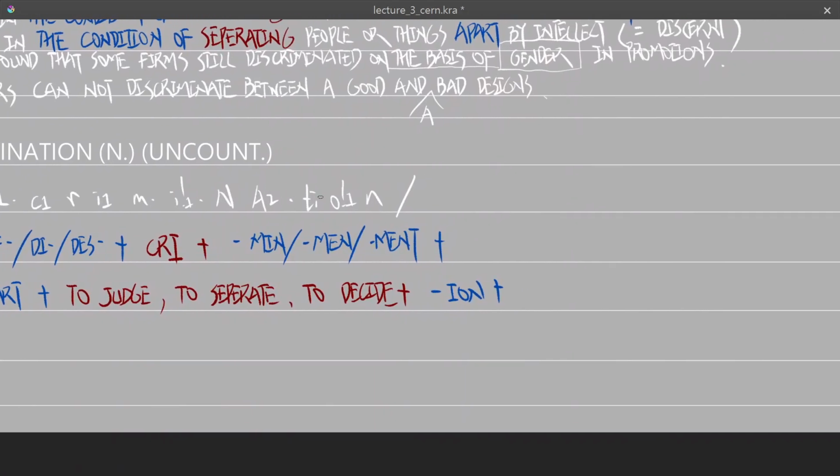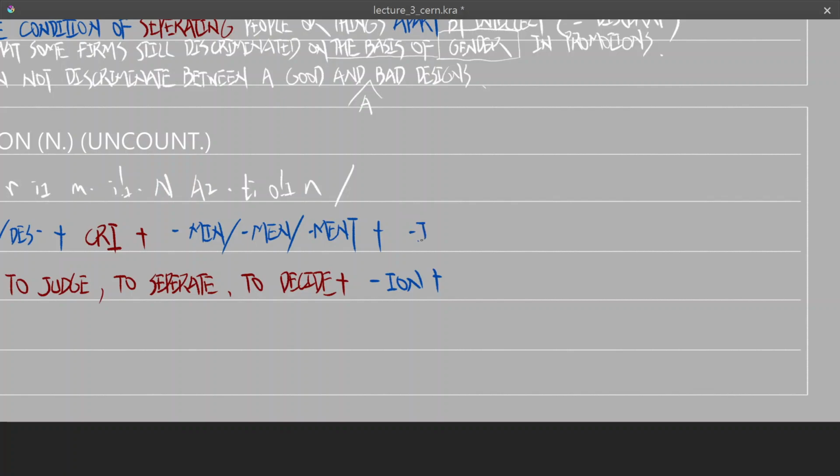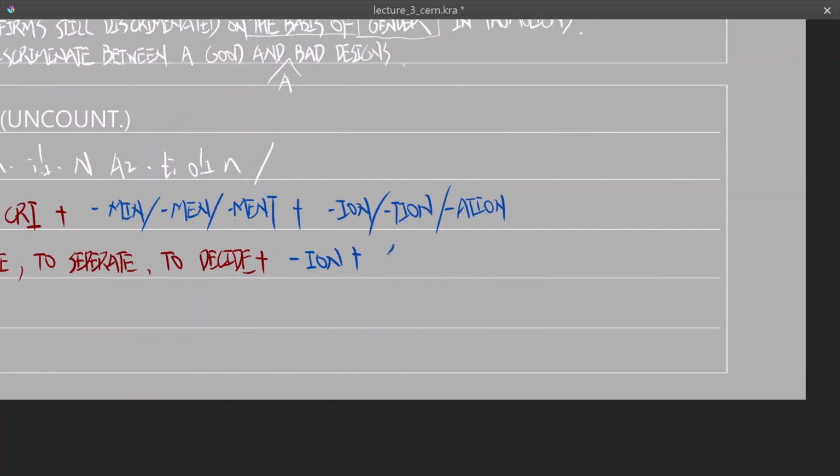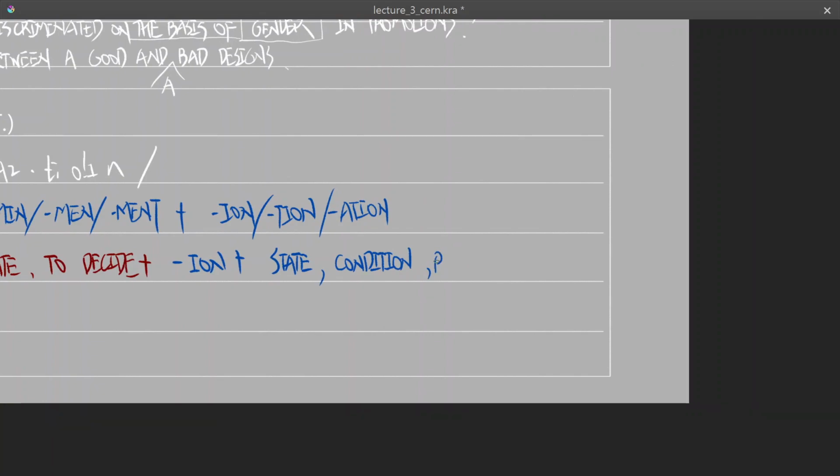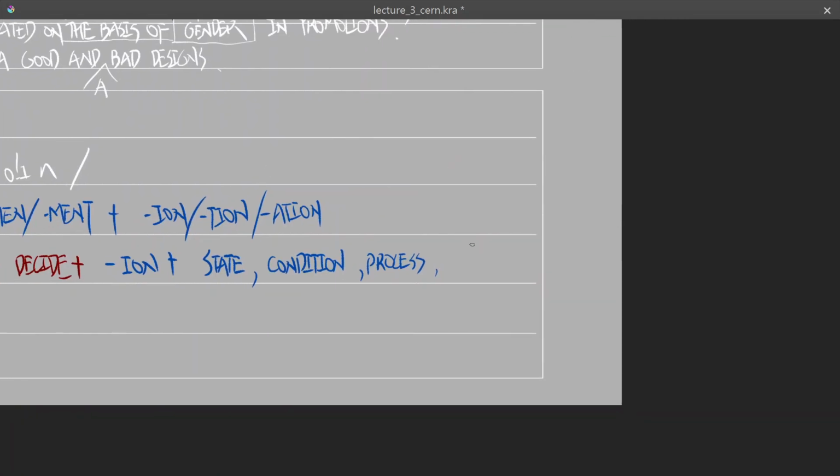Ation means state, condition, process, or result.